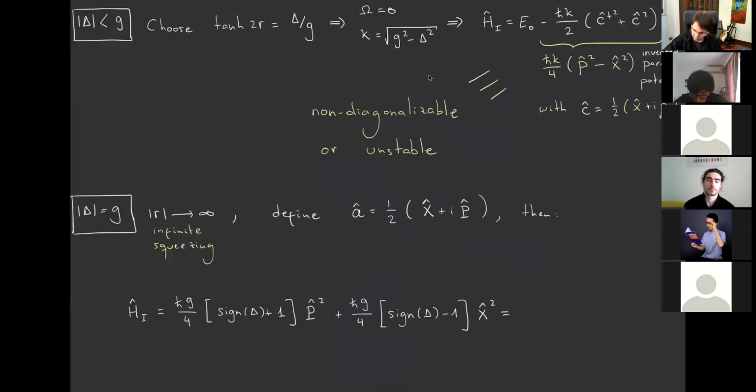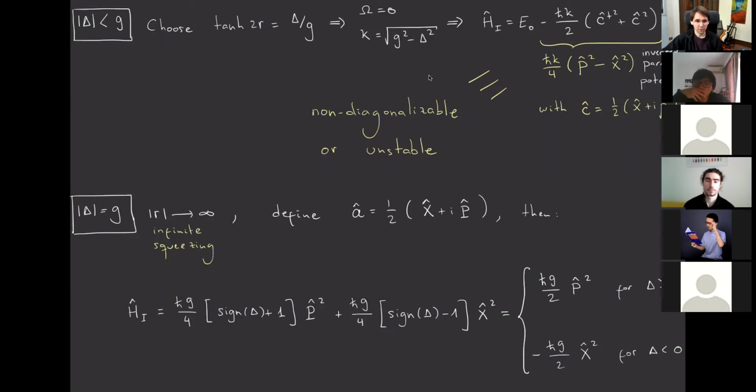And this means that depending on the sign of delta, the Hamiltonian will be proportional to the momentum square. So this is for delta positive, or proportional to the position square. This is for delta negative.